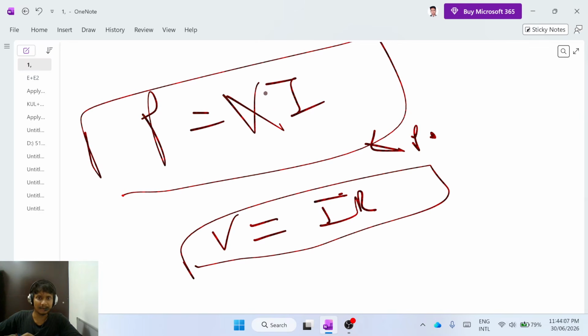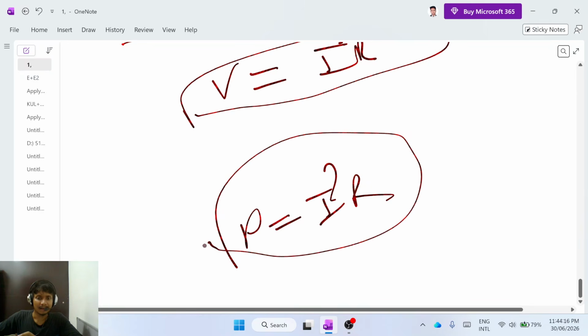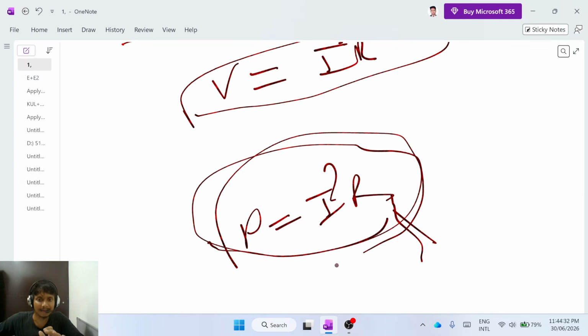Here we don't know V, therefore we substitute IR instead of V, so P is equal to I square R. We apply this equation for every resistance, and finally, if you sum all the equations, you will get the total energy loss, the total power dissipated. This is very simple.